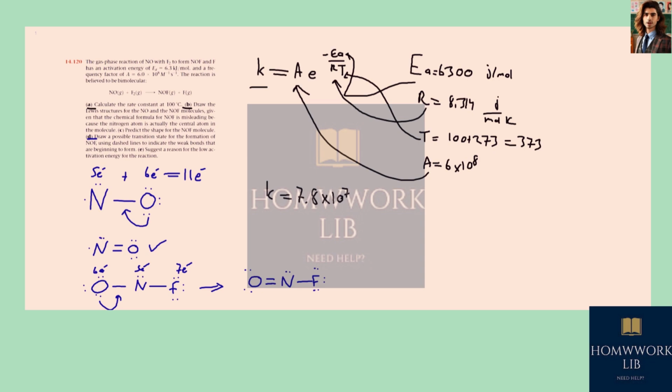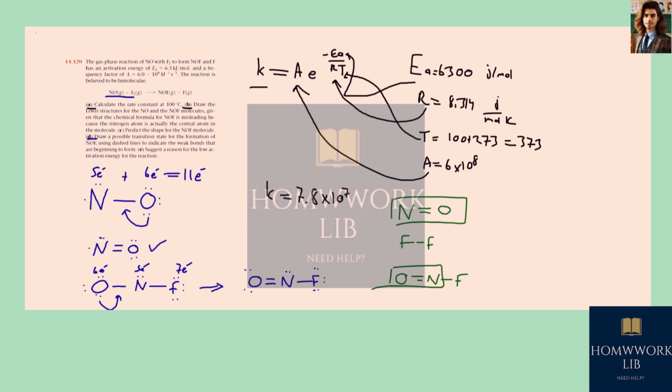So if you look at part D, the possible transition state for the formation of NOF. So we want to form this, and we want to use these two. So let's use our NO. I'm not going to show the electrons around the molecule, I'm just going to show the bonds. This is what we have, and where we want to go using fluorine is O double bond N, single bond F. As you can see, the N double bond O is not changing.